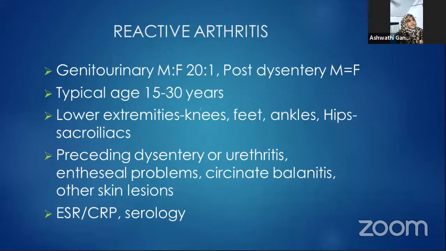Then genitourinary infections can cause reactive arthritis and post-dysentery reactive arthritis. Usually it is seen in the younger age group. Lower extremities are mostly affected. Preceding dysentery, circinate balanitis, and keratoderma blennorrhagica, crusted lesions over the palms and soles. These will be seen in reactive arthritis. ESR and CRP will be elevated. Specific serology can be diagnostic.